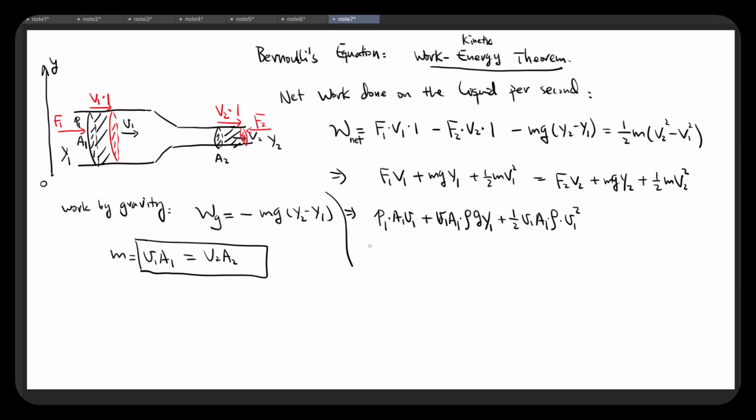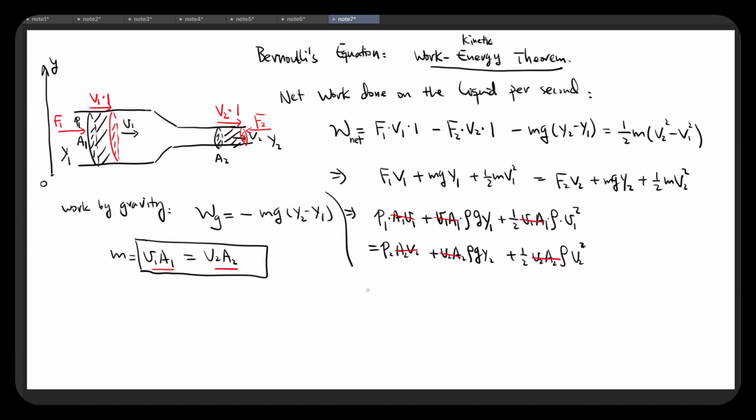That equals the right side: P2 A2 V2 plus V2 A2 rho g y2 plus 1/2 V2 A2 rho V2 squared. Now we use the continuity equation, so we can cancel out A1 V1 and A2 V2. We do this cancellation everywhere.